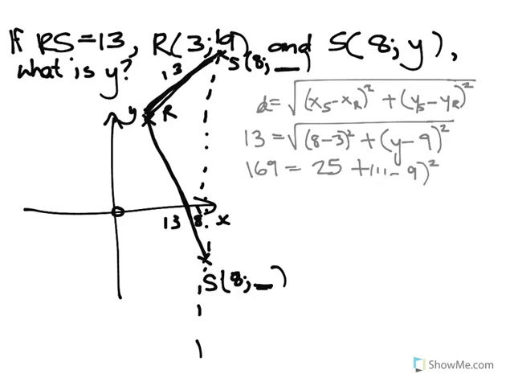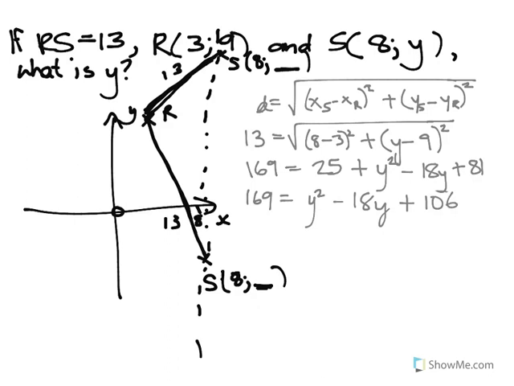Let's just multiply it out. Remember that y minus 9 squared is y minus 9 times y minus 9, so you have to do the whole FOIL business. So we'll have y squared minus 18y plus 81.